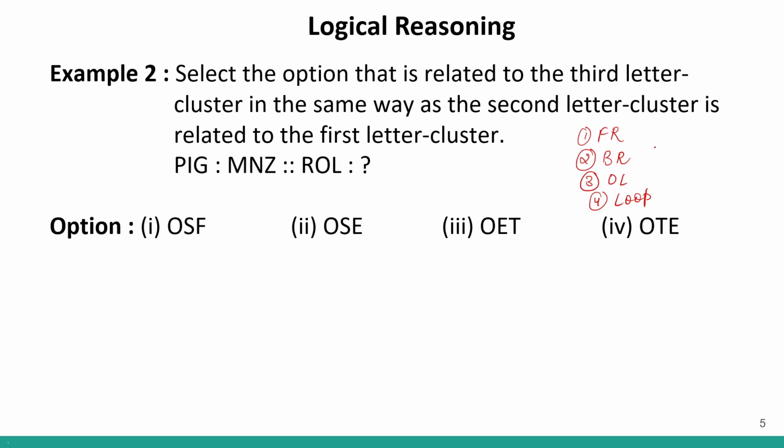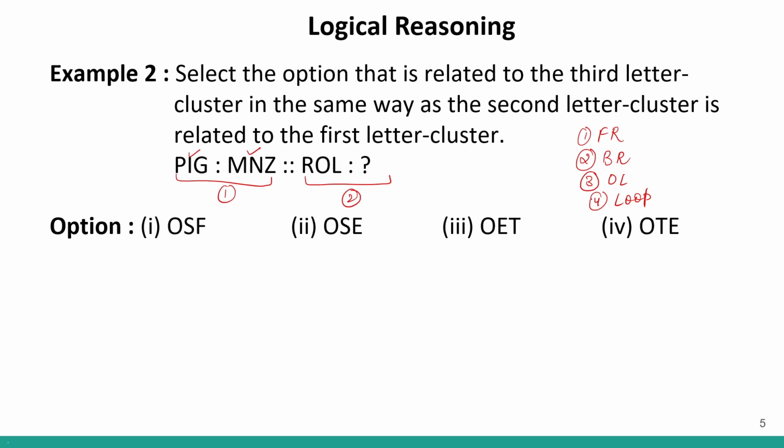Using just these four concepts, this could be solved. In analogy, we get pair number 1 and a missing element in pair number 2. We first identify the relationship between the two elements in pair 1, and based on that relationship we find the missing element in pair number 2. Correct? This is how you solve questions on analogy.